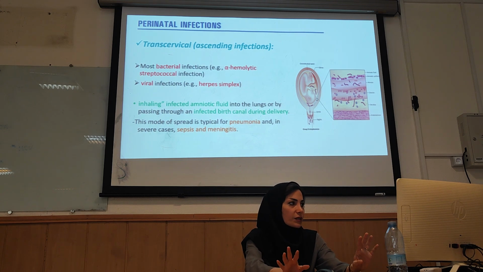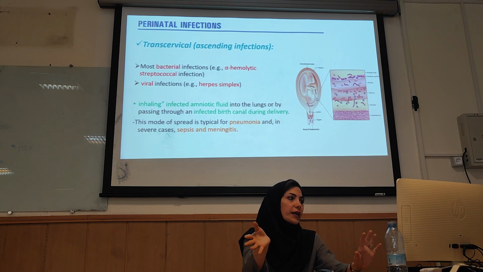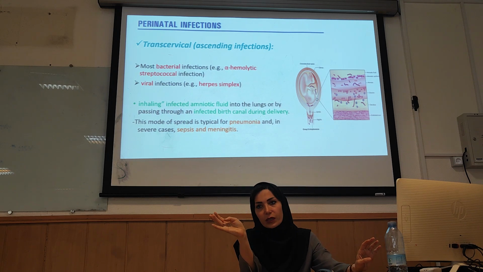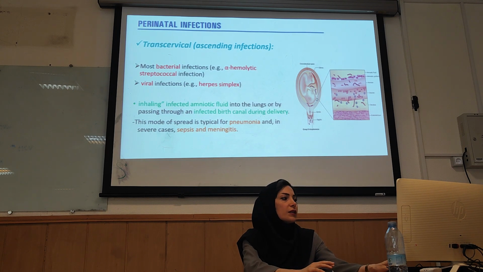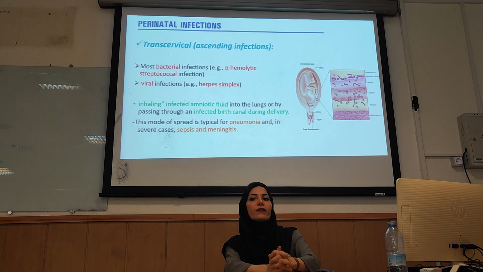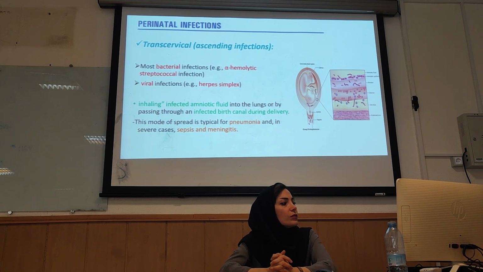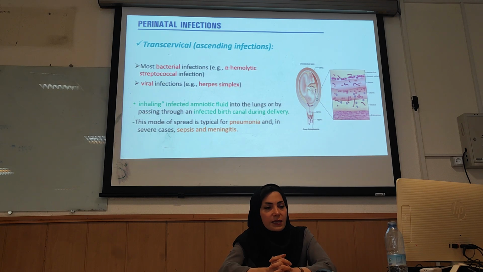In fact, prenatal infections are subcategorized into transcervical or transplacental. Transcervical or ascending infections, most of them are bacterial infections such as streptococcal, alpha-hemolytic streptococcal infections, or viral infections such as herpes simplex.